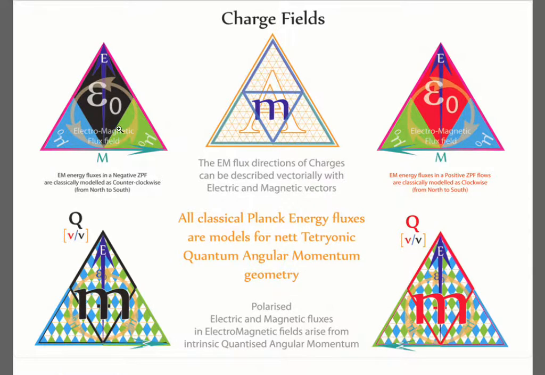Adding up the individual charges of the quanta within a field will show us the net charge of any field. And again, it will always be either positive or negative, except in the case of photons, where we have 2 pi geometries, and the positive and negative equalize each other out.